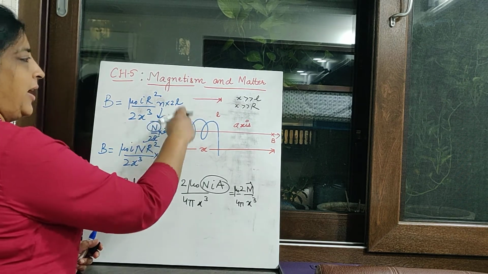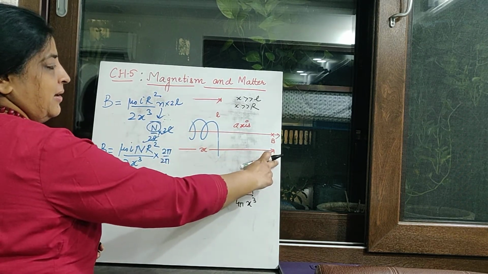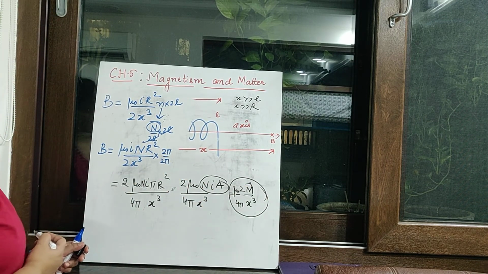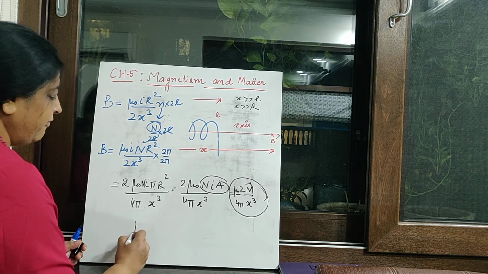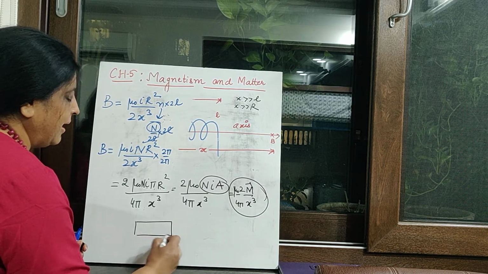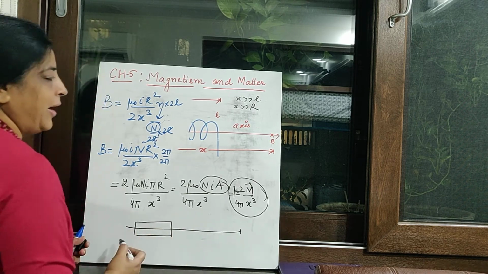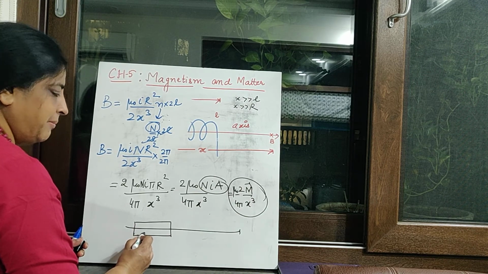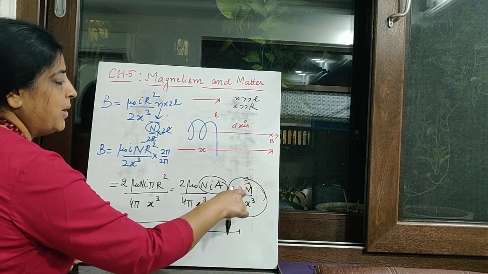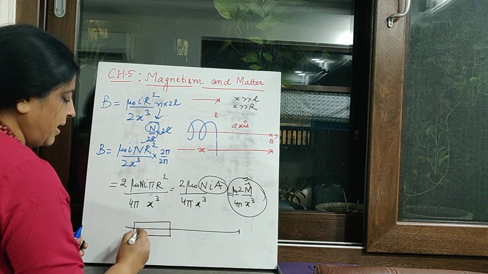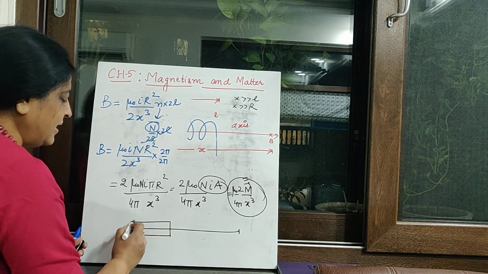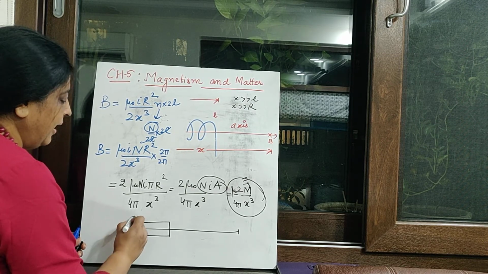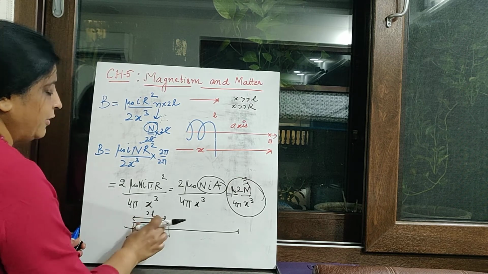Now for a solenoid at any far off point, the magnetic field is this, and we tried to find out the magnetic field produced by a bar magnet at any far off point x. Obviously this magnet should have the same magnetic moment m, and the magnetic moment of a bar magnet is calculated like this. Let Qm be the pole strength and 2L the length of the bar magnet.